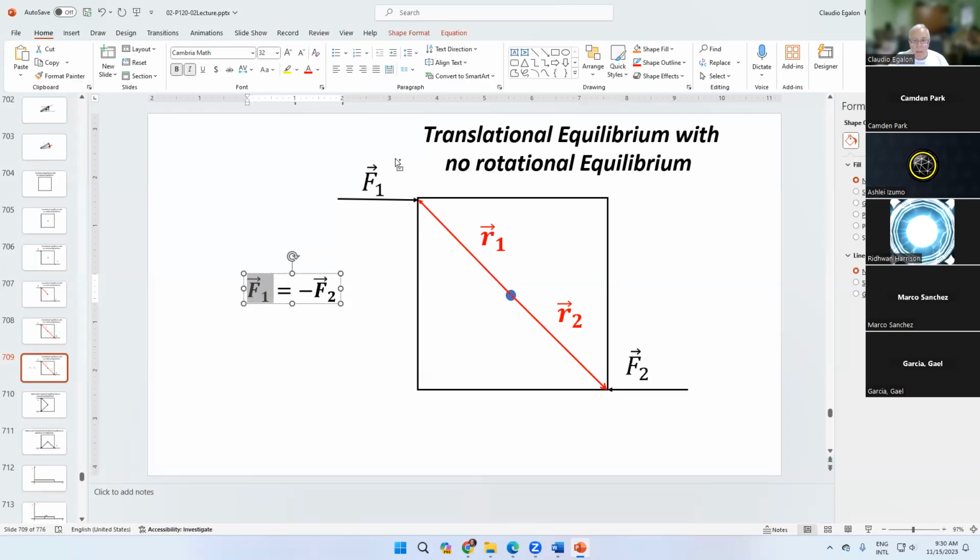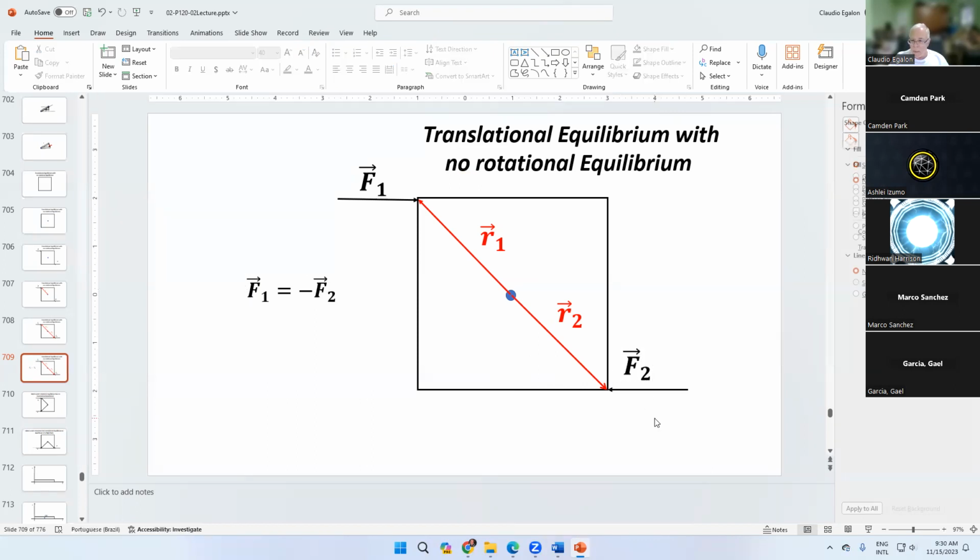Now I can copy and paste it here. But there is more. It's not just that. In this specific case, R1 is equal to minus R2 as well.